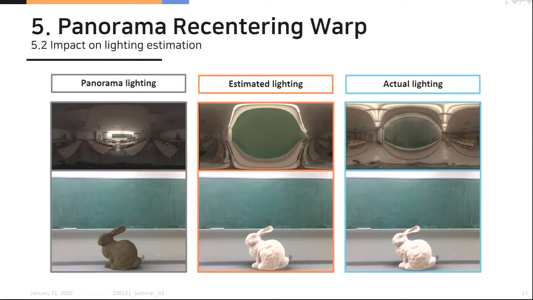I explained it at the beginning, but since they are using a cropped image as an input to get the perfect environment map, in this panoramic data, they crop the picture here and put it in the network, and the network generated this. Then it's totally wrong, right?